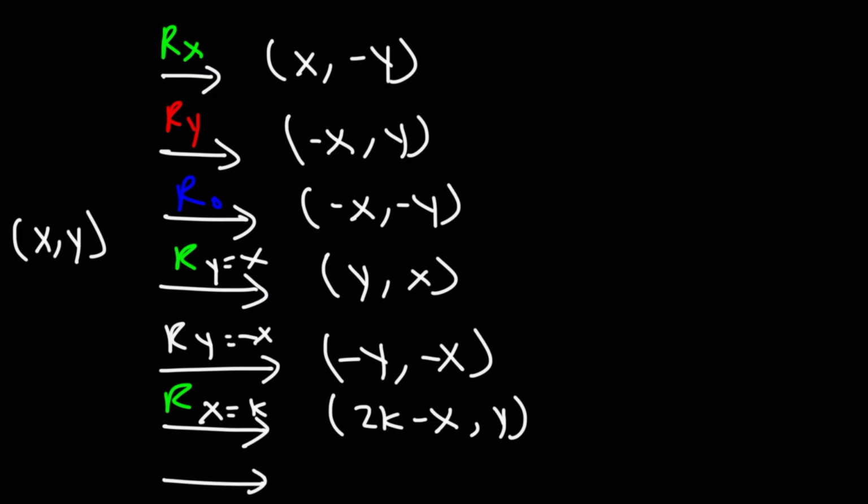And then finally, if we reflect it about the line y equals k, which is parallel to the x-axis, the x values stay the same, but we get a different y value, which is 2k minus y. So that's a summary of all the things that we've considered today. So now you know how to get the new ordered pair if you need to reflect it over the x-axis, the y-axis, the origin, the line y equals x, y equals -x, x equals k, and y equals k.